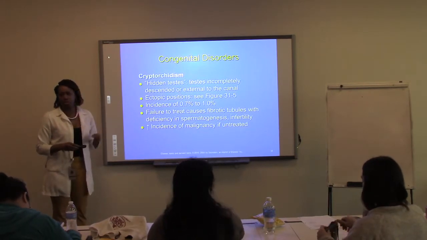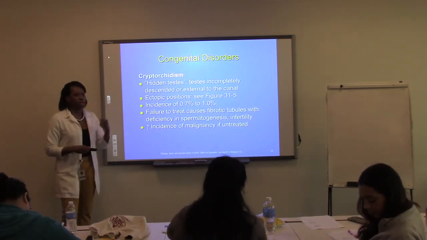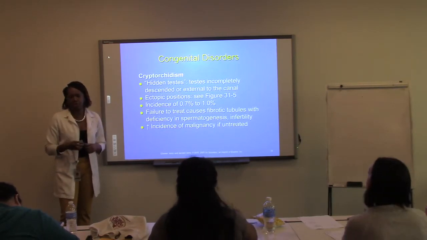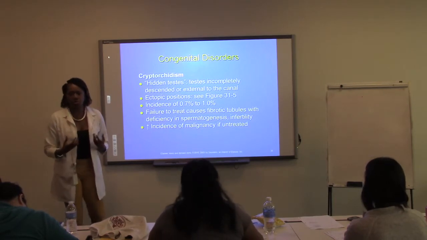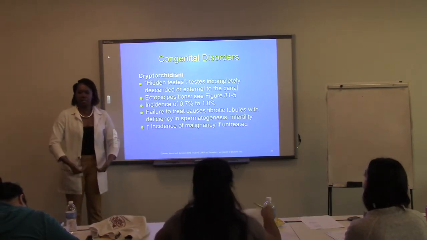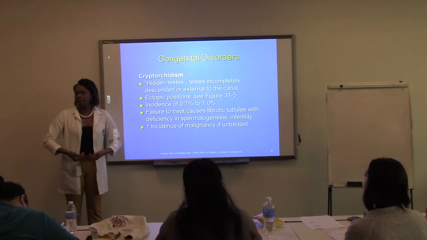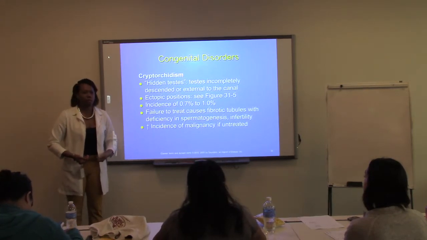So this first congenital disorder that we're going to cover, I can never get it out, cryptorchidism. This is what is known as hidden testes, meaning that the testes have not descended into their proper location.